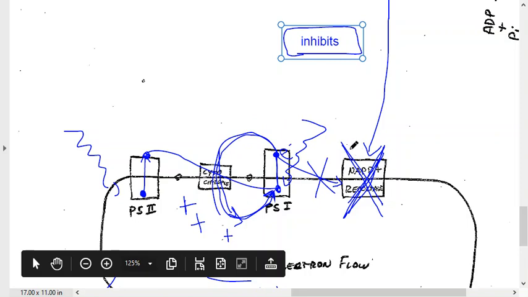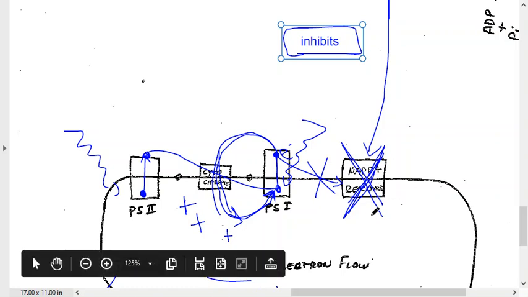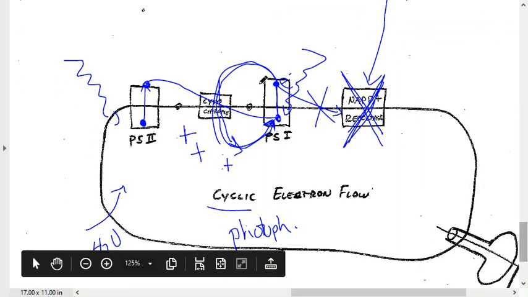This happens until NADP reductase gets uninhibited. You have basically enough ATP to join up with NADPH, and then they move on to the Calvin cycle, and that frees up NADP reductase. Right? So the fact that you have this poor little electron getting cycled over and over again is why this is called cyclic electron flow.